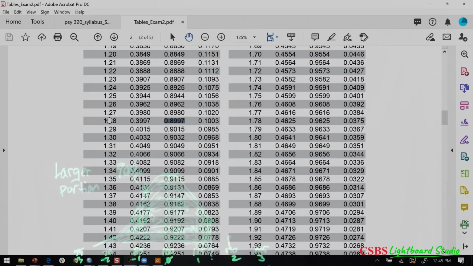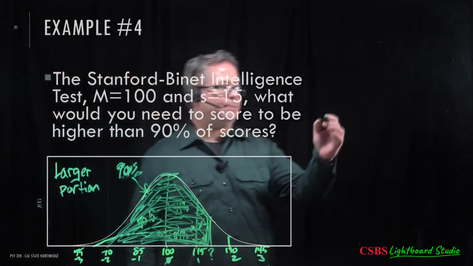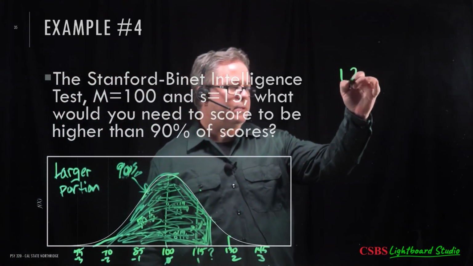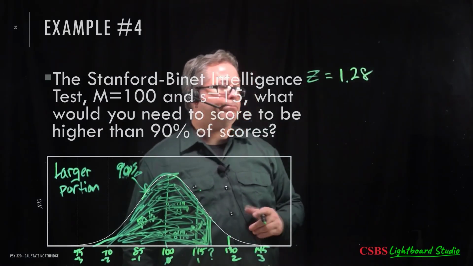So the z-score I want is 1.28. But if you use 1.29, not a big deal. 1.28 is the closest, largest portion, closest to 90%. So 1.28 is the z-score that I'm looking for. 1.28 is my z. Okay, great.